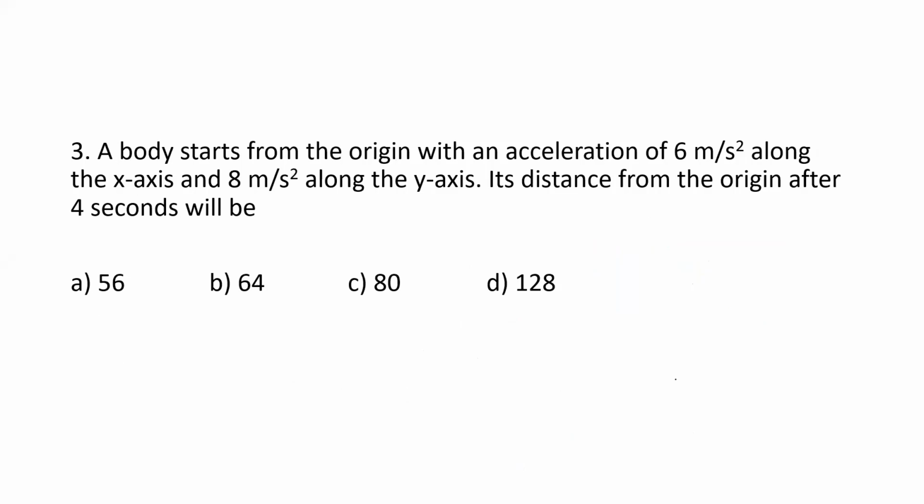Its distance from the origin after 4 seconds will be. So here a body is moving with an acceleration of 6 meter per second square along the x-axis and 8 meter per second square along the y-axis. We need to get the distance after 4 seconds, right? So let us see the formula and the solution.